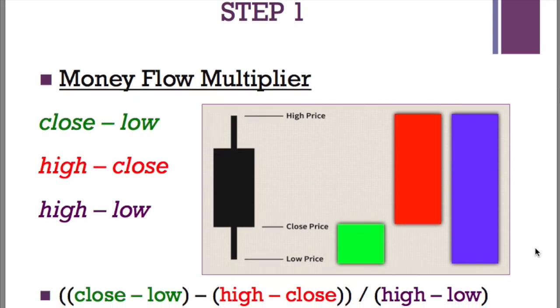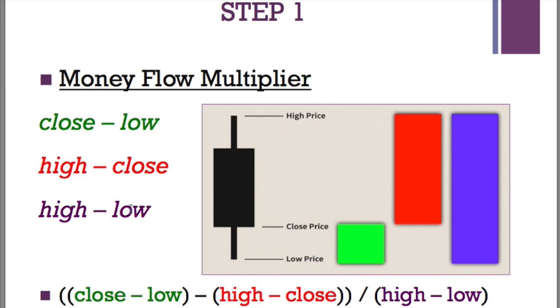So step 1, 3 differences are important. Close-low difference, that's this green box here. The close price minus the low price is this green box. Then the high-close difference, and so the high price minus the close price is this red box.